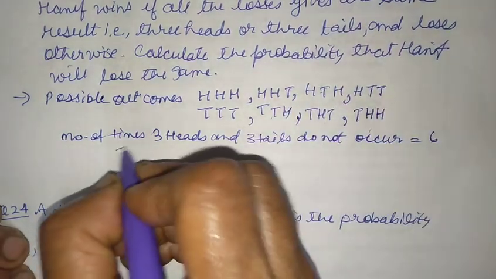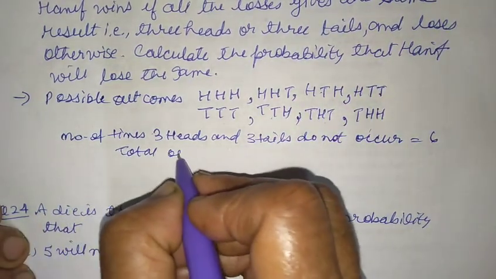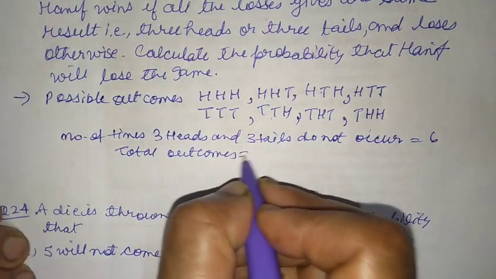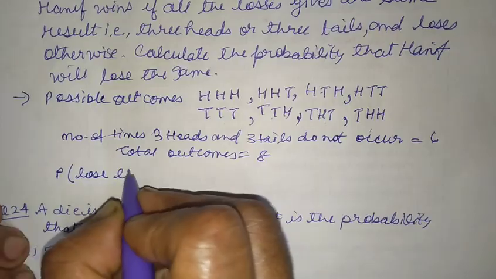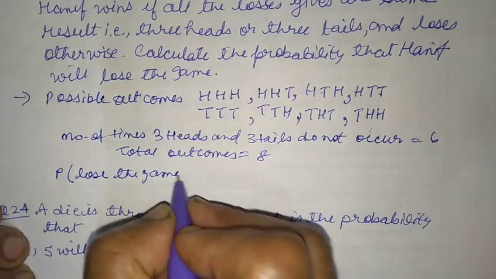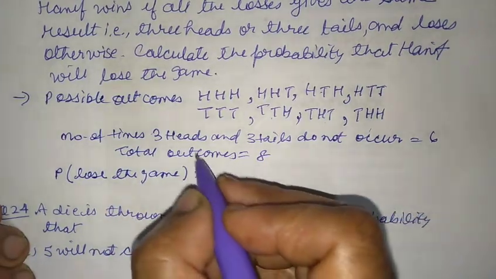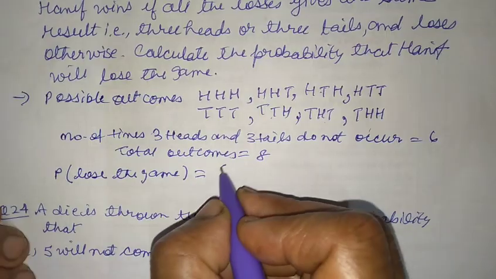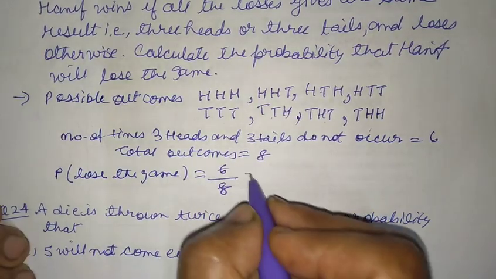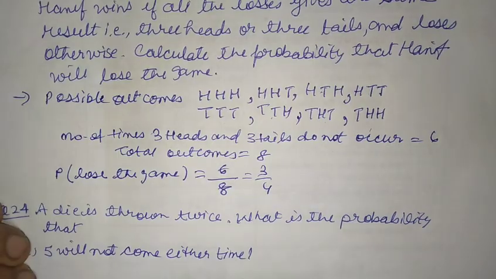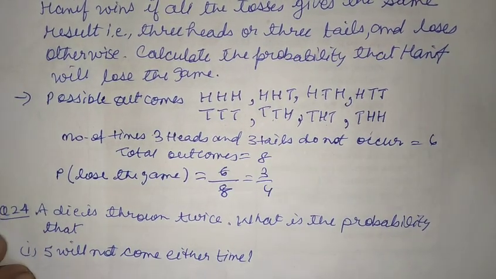That is 6, and total outcomes here is 8. So the probability that Hanif will lose the game will be the number of times 3 heads or 3 tails do not occur, that is 6, over total outcomes, 8. So we divide by 2, we have 3 by 4. So the probability that Hanif will lose the game will be 3 by 4 here.